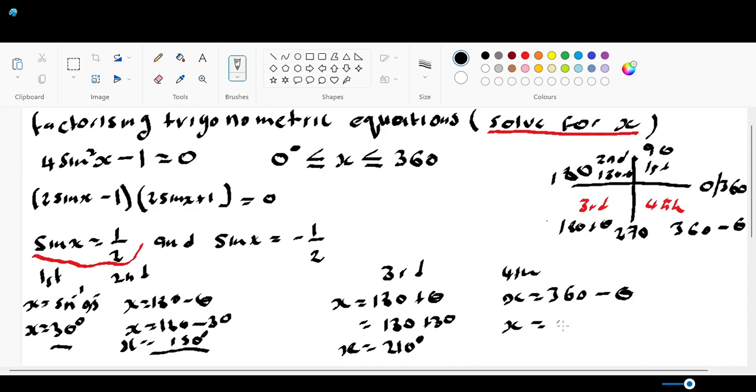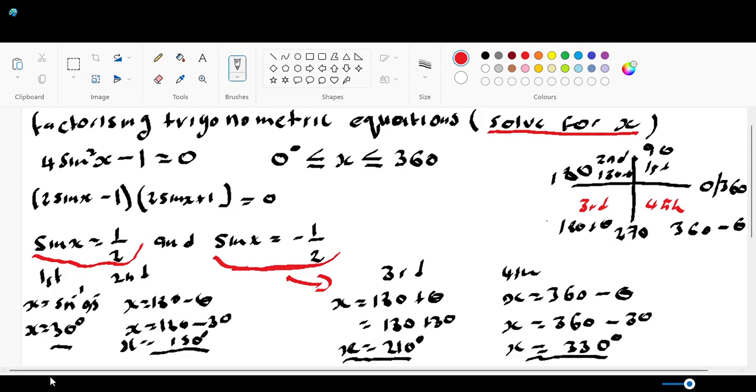So don't forget our acute angle again. We're still going to use 30. So 360 minus 30, our x is going to give us 330 degrees. So these two answers here, these are the x's when our sine is negative. So here is when our sine is negative.